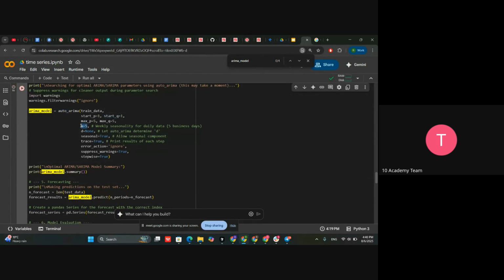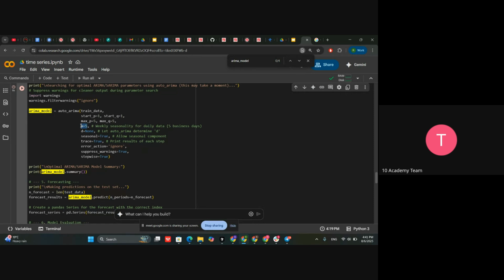If it is going to use seasonal data, you decide what the seasonality is, weekly for example. For daily data, it's 5 business days. So auto ARIMA will decide what amount of seasonality to take.